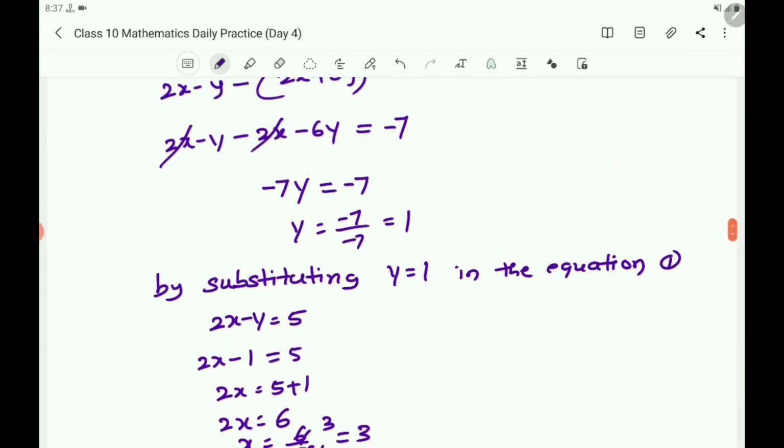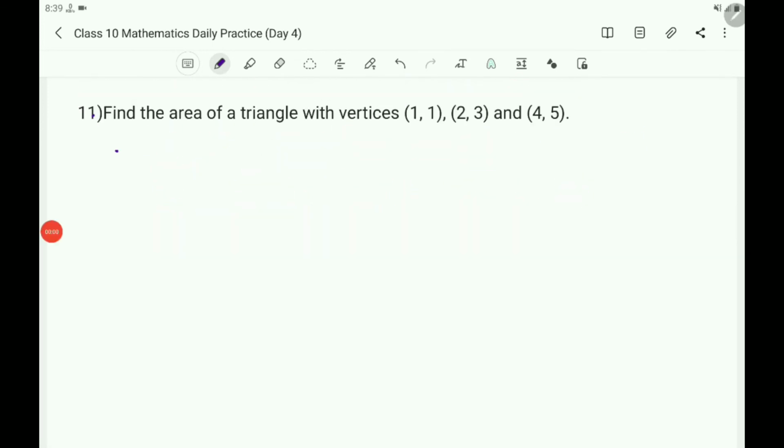Then you take the next, 11th question. Find the area of a triangle with vertices (1, 1), (2, 3) and (4, 5). So let us take the 3 vertices as A (1, 1), B (2, 3) and C (4, 5).